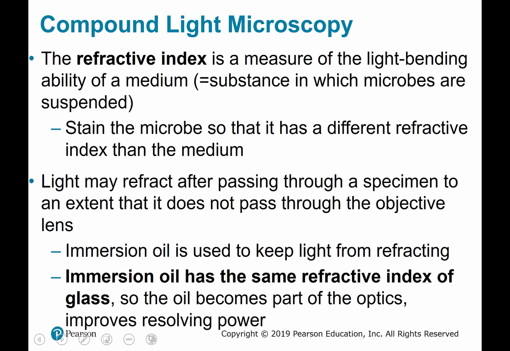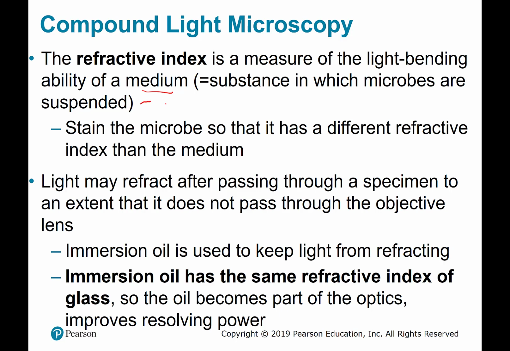To obtain a clear, finely detailed image of a specimen using a microscope, the specimen must contrast from the medium that it is suspended in. And the refractive index is the measure of the light bending ability of that medium. So the medium is what the microbe is suspended in. It may be a nutrient broth, it may be a droplet of water.